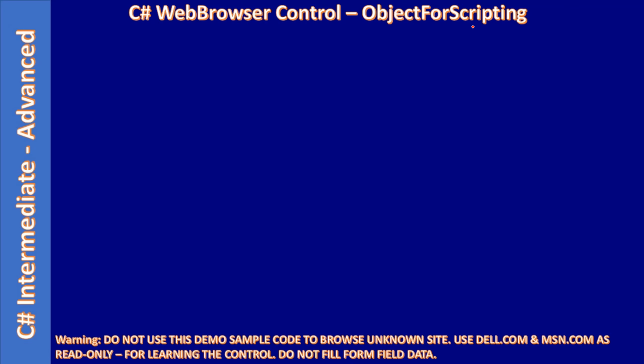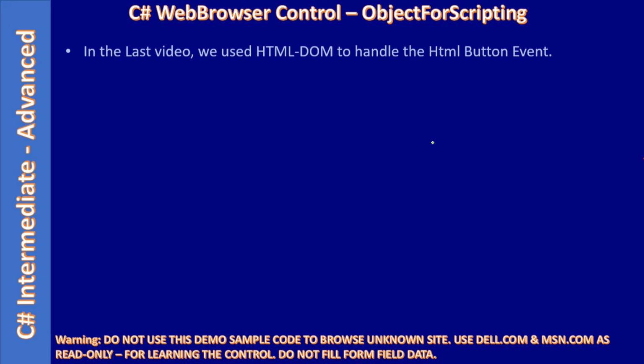Now we will learn about object for scripting. In the last video we used a HTML DOM, using the HTML document instance to handle the HTML button event.